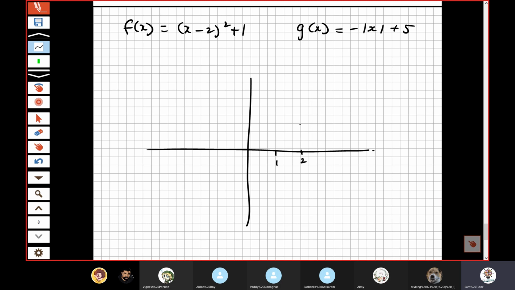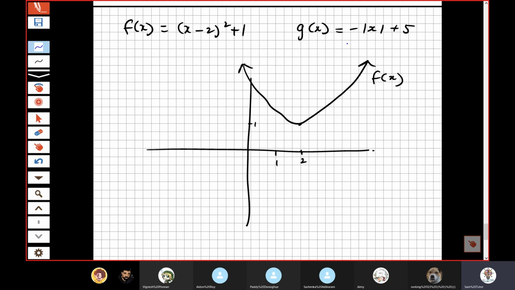So 1, 2, 3, that could be 1. And there's your parabola. Any questions from anyone?